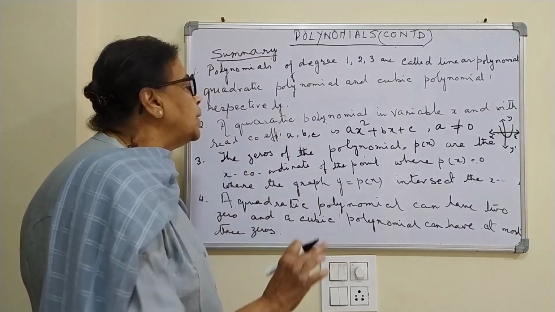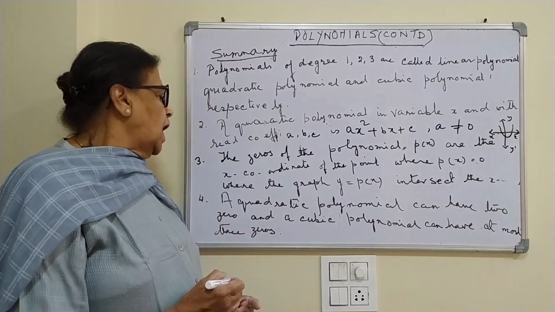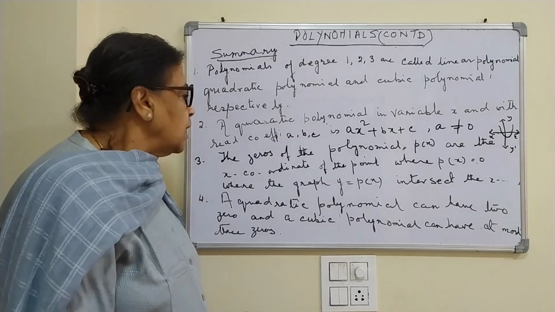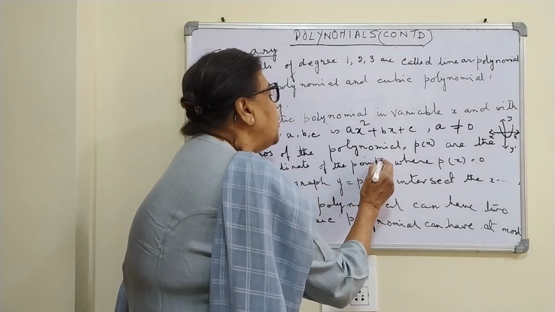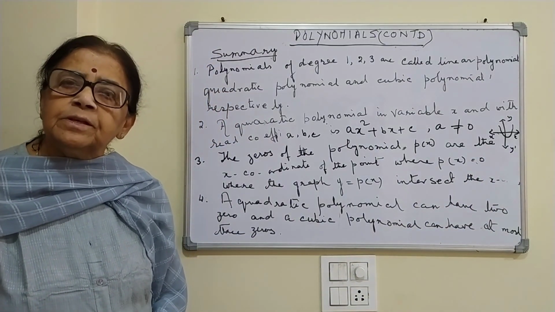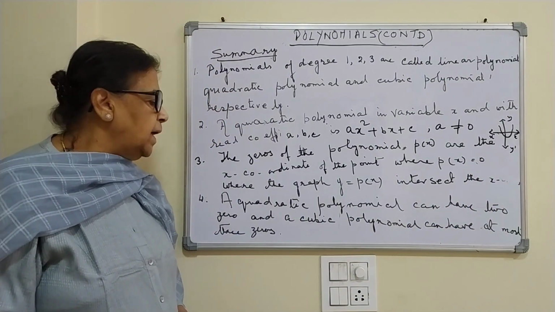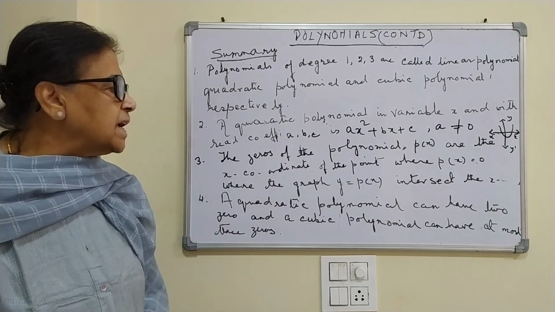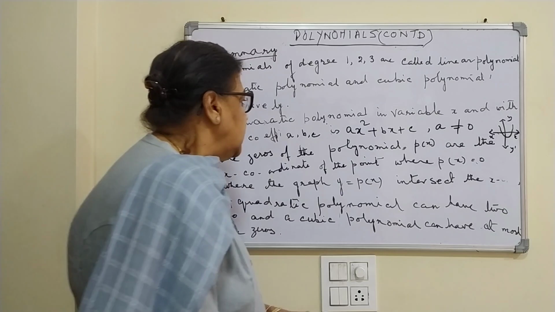The zeros of the polynomial p(x) are the x coordinates of the points where p(x) is equal to 0, that is, where the graph y is equal to p(x) intersects the x-axis.